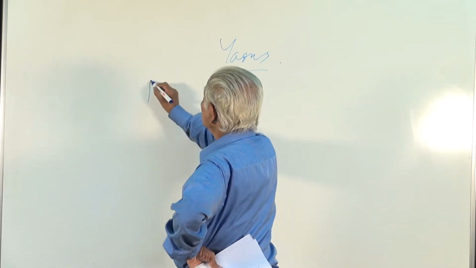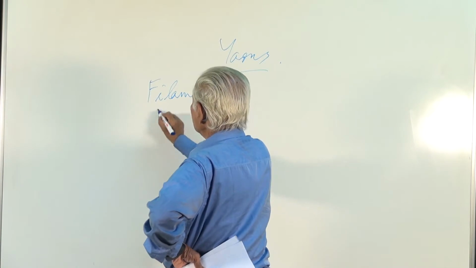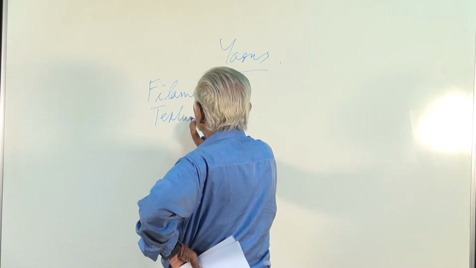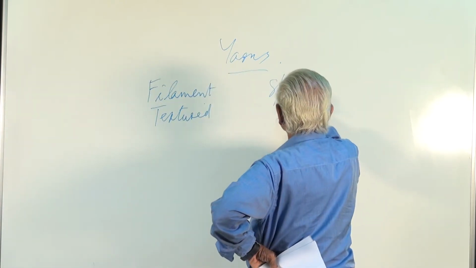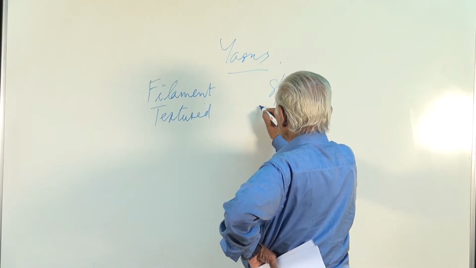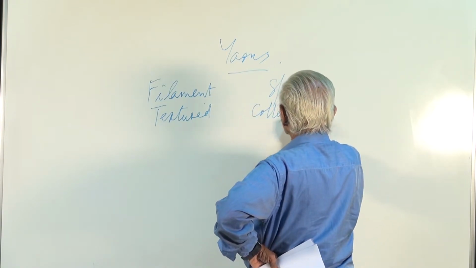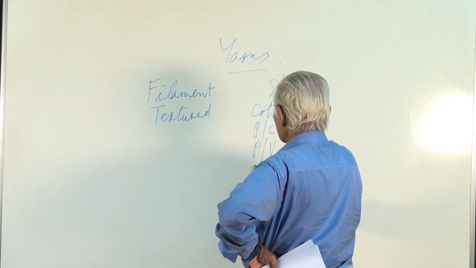Filament yarns, textured yarns, then spun yarns. In spun yarns, a single component, say cotton, or polyester and cotton, or polyester and viscose, or polyester and wool.